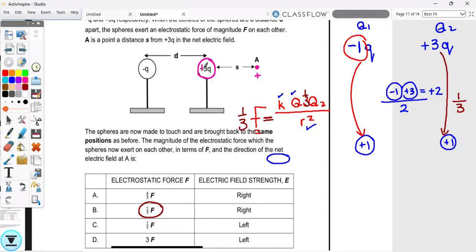So this is positive 1 now, and this is positive 1 now. So you experience a field because of the positive 1, but the field direction is always going to be away from a positive. That's why I say if you pretend that you're a little positive, you will always be pushed away from another positive. So you are experiencing the field away from the positive, which means it is to the right. So that made sense because it is 1F and it is to the right. So the answer is B. Happy? Okay.